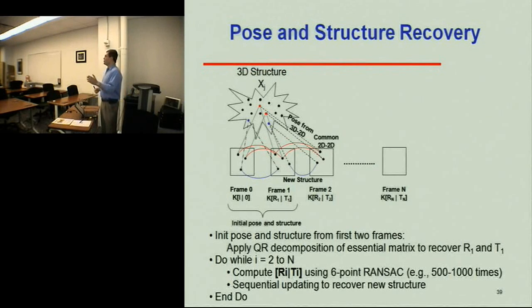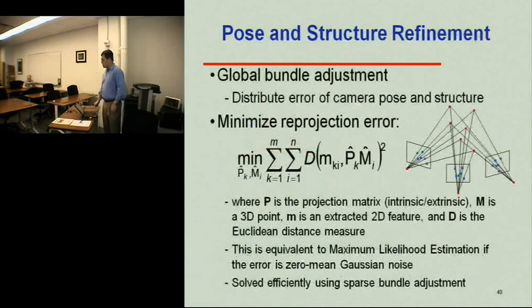Furthermore, of course, there will be some features that fall away, that can't be tracked anymore. So there will always be new features that come in that then get tracked from that point on. So that's what we call sequential updating. We build up a denser and denser point cloud as we consider more and more of these images. Okay. So bundle adjustment is used to help distribute the error of the camera pose and structure.